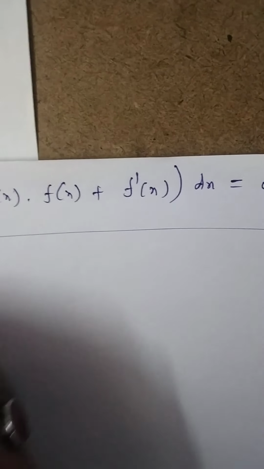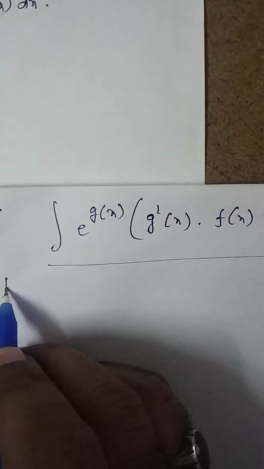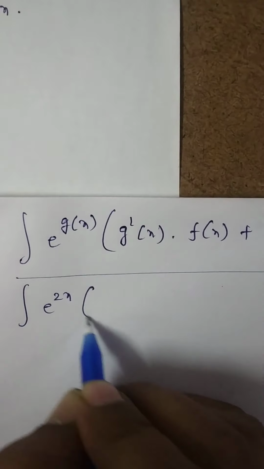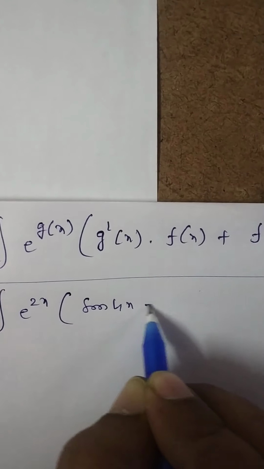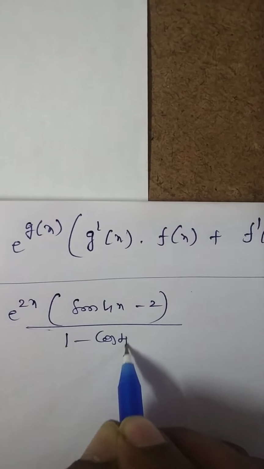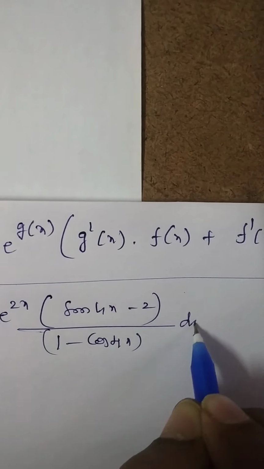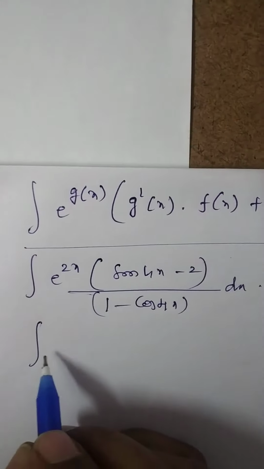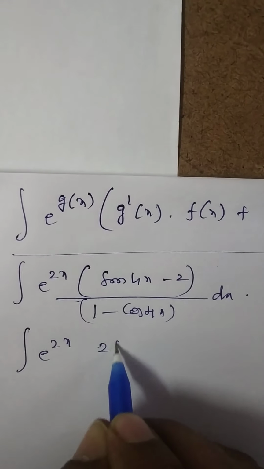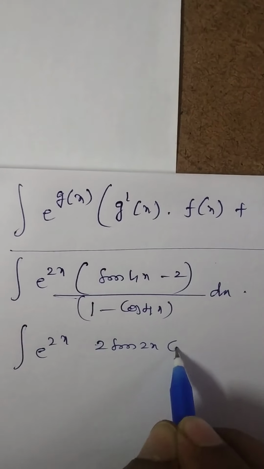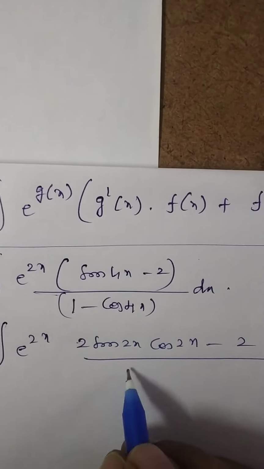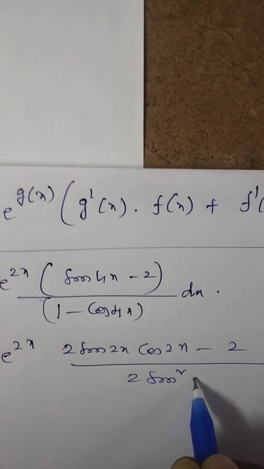So how are we going to get it? Once you see the example as problem number 14, we take e power 2x into sin 4x minus 2 by 1 minus cos 4x, dx. Here sin 4x can be written as 2 sin 2x into cos 2x, and 1 minus cos 4x is equal to 2 sin square 2x.